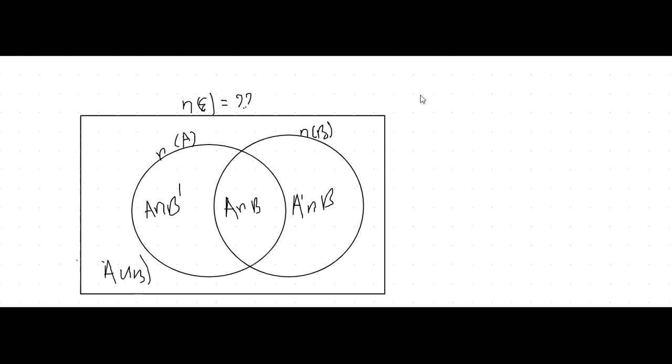Now, we remember we said the probability of an event is equal to the number of the event divided by the number of the sample space. Isn't it so?